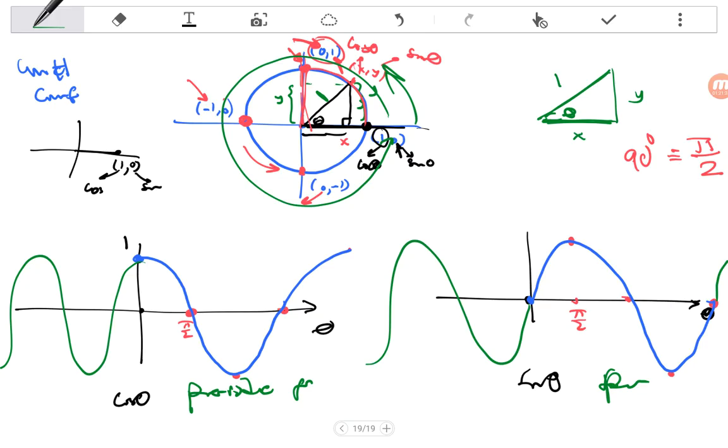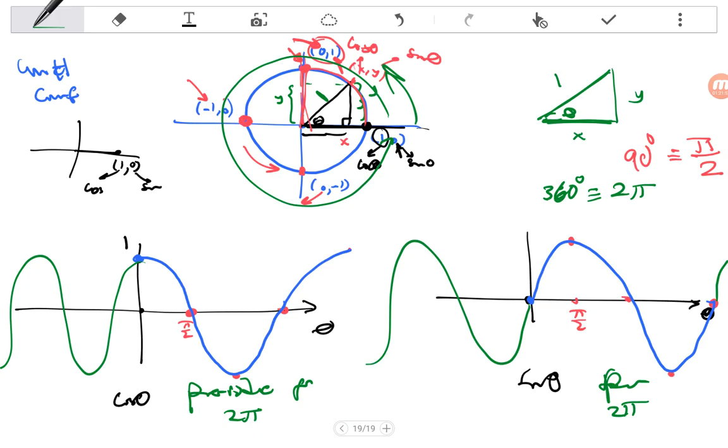By which angle do they repeat each time? A complete loop is defined by an angle of 360 degrees, which in radians is 2 pi. So the period of these two functions is 2 pi.